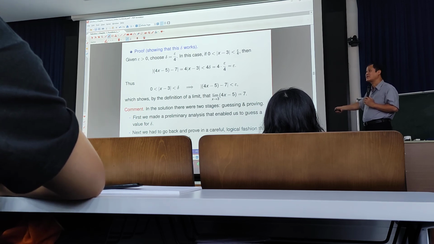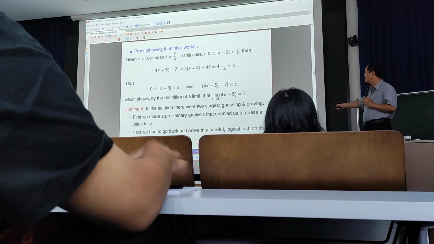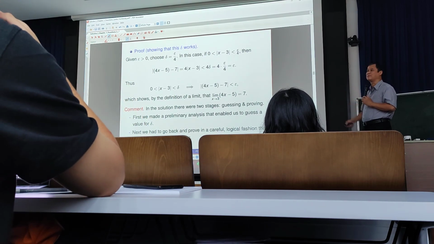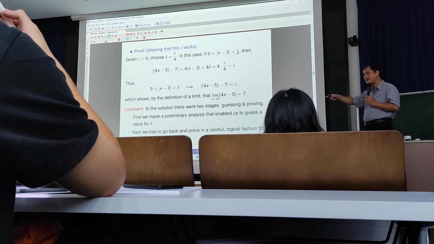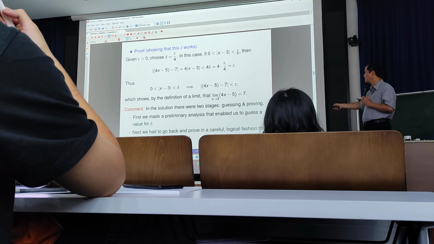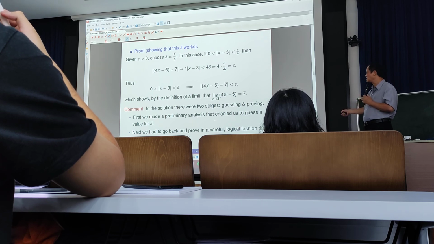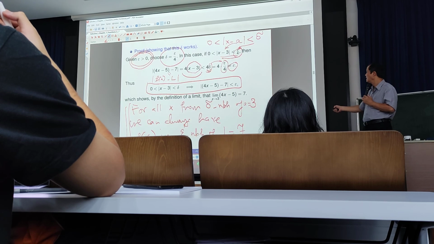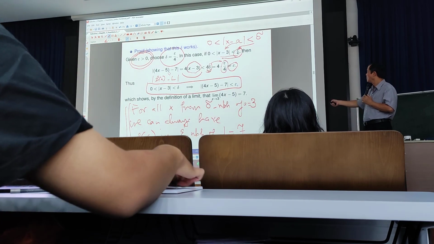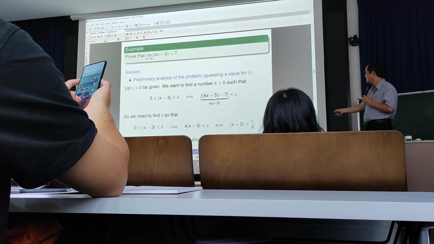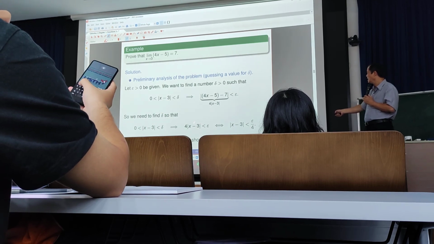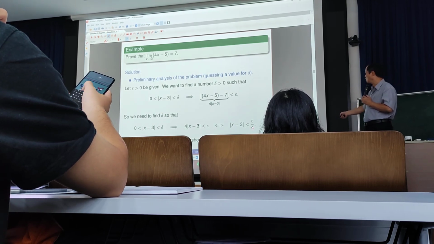There are 2 steps you have to do by definition. Guessing and proving. Guessing, you analyze, phân tích the situation to guess a value for delta. Here, you can see, from here to here, that one is epsilon over 4.